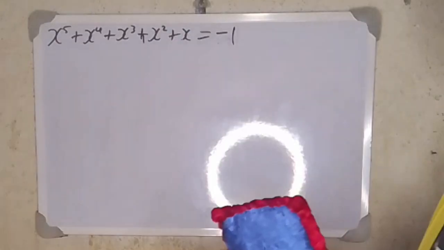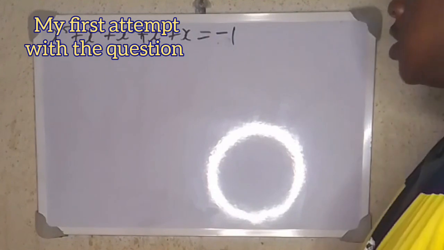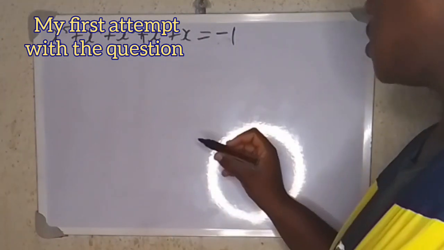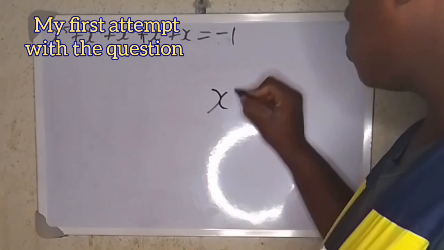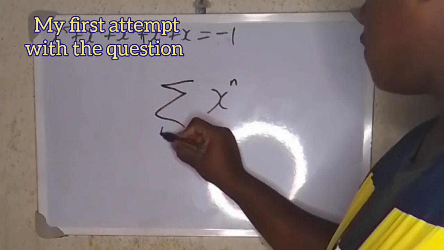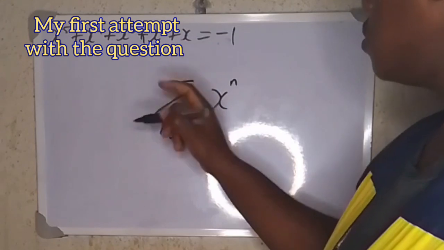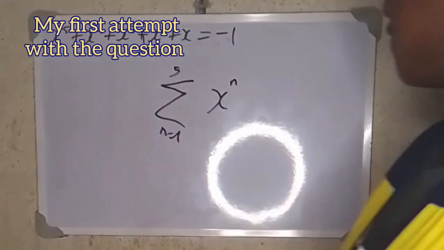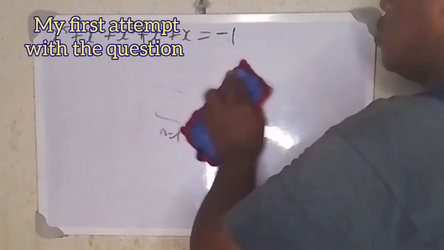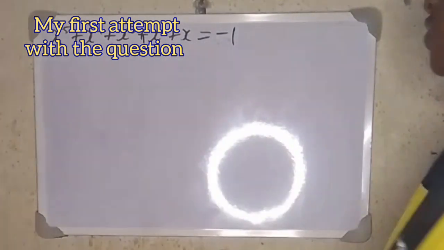The first thing I would want to see is, I've noticed that this summation here is the same as x to the power of n, from n equals 1 to n equals 5. But this doesn't really take me anywhere, so I would erase that.